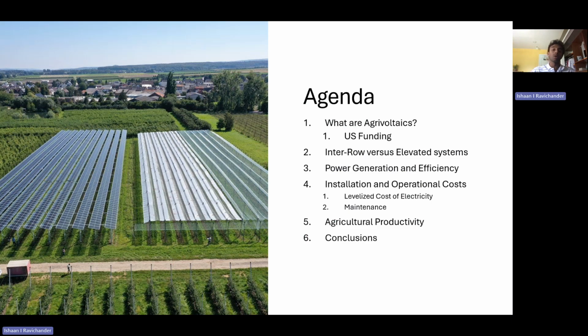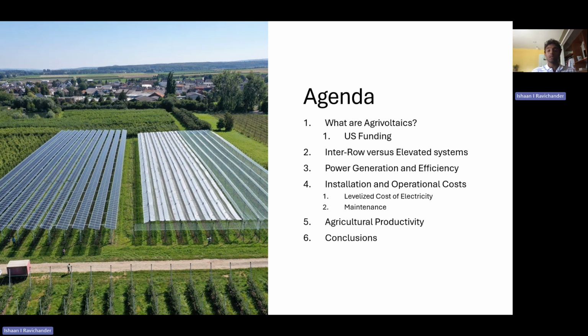So firstly, I wanted to quickly highlight the agenda, or blueprint, for this presentation. First, I'll discuss what agrivoltaic systems are and highlight the presence of funding for these projects in recent years in the US. Then I'll discuss the two main types, inter-row and elevated systems, and compare and contrast them. Next, I'll talk about agrivoltaics power generation capabilities as well as efficiencies compared to some of their competing systems in agricultural landscapes.